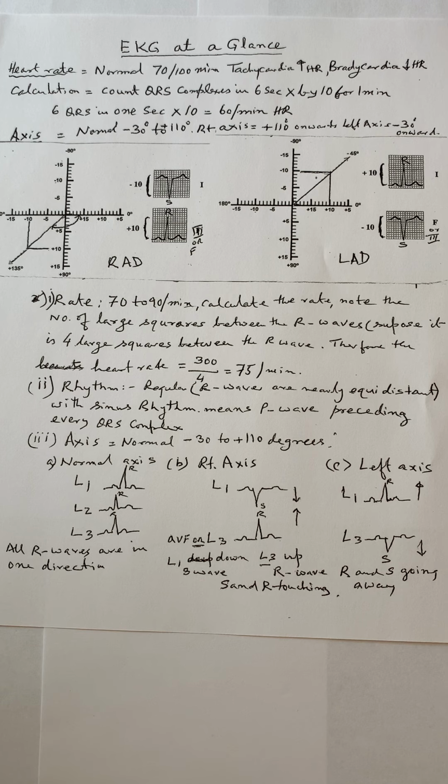The other method I have told you: 300 divided by the number of large squares between the two R waves will give you the heart rate.